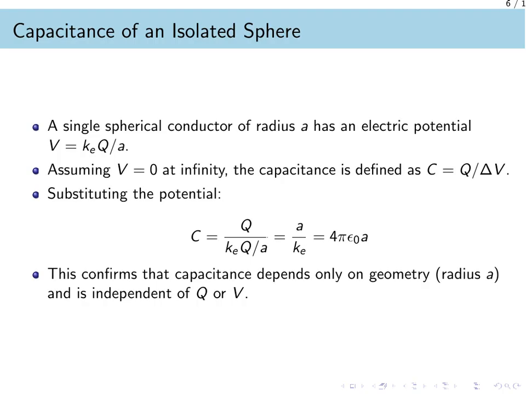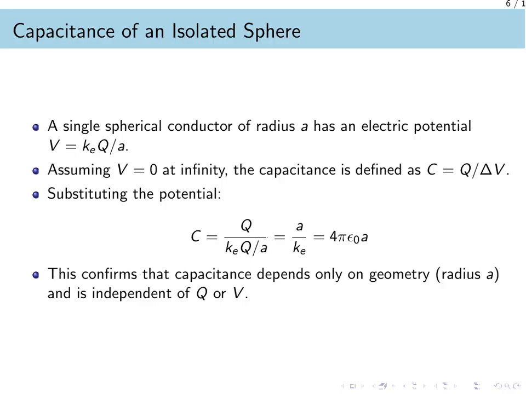We can even determine the capacitance of a single, isolated conductor. Consider a spherical conductor with a radius, a. From our study of electric potential, we know that the potential, V, at the surface of a sphere is equal to the Coulomb constant k_e times the charge Q, divided by the radius, a, assuming the potential is 0 at infinity.